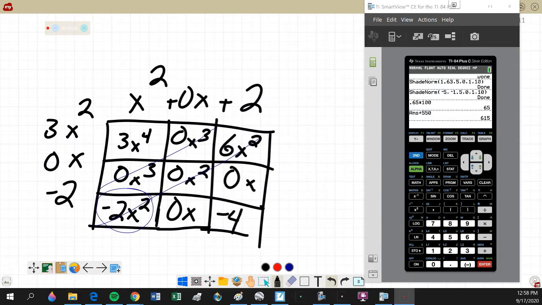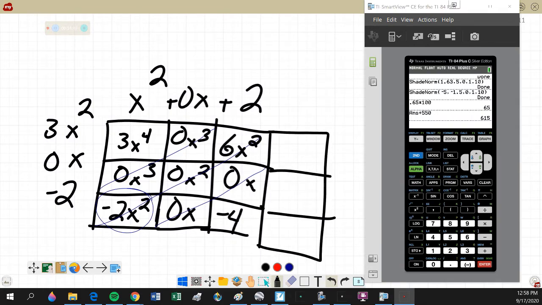Okay. This is going to hurt your head for a second. Do these add up to the correct number? No. What do they need to add up to? Negative 13. So I add a column, and I put a negative 13x.